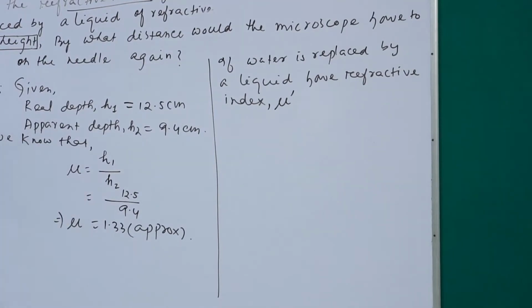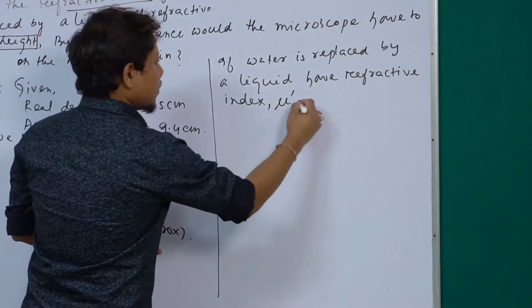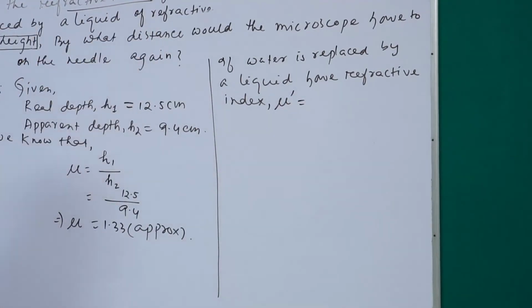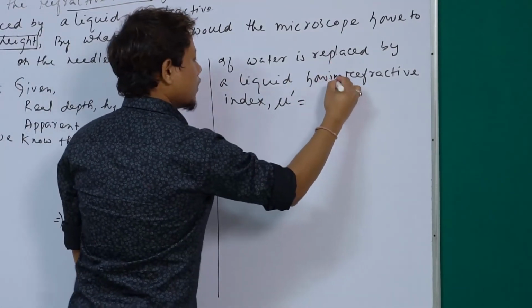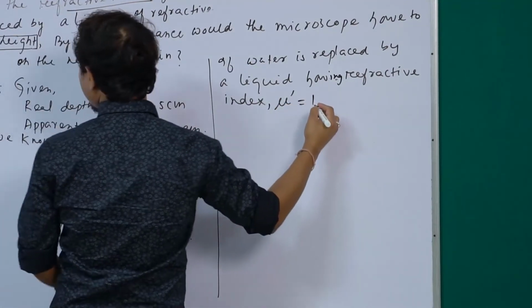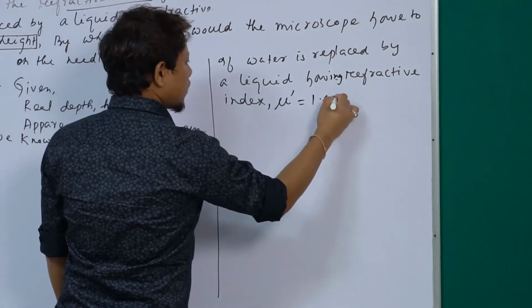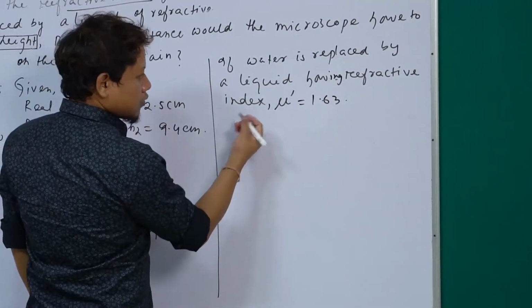Here I am using mu dash. If the water is replaced by a liquid having refractive index mu dash, which is already given as 1.63, we have to find the new apparent depth.